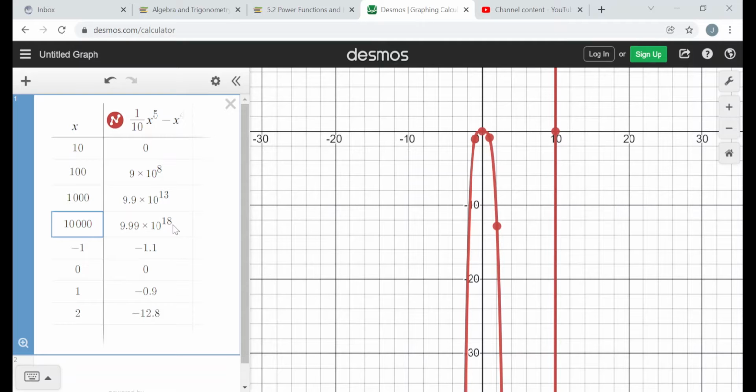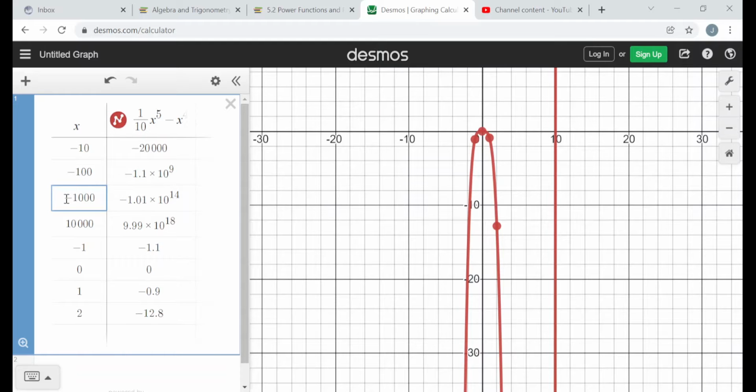They're getting huge. Now the other way around, if I make all these negative, negative 10, the output's negative 20,000. Negative 100, the output's negative 1.1 times 10 to the 9th, about negative 1 billion. That's even lower. Negative 1,000 is even lower, even bigger negative.